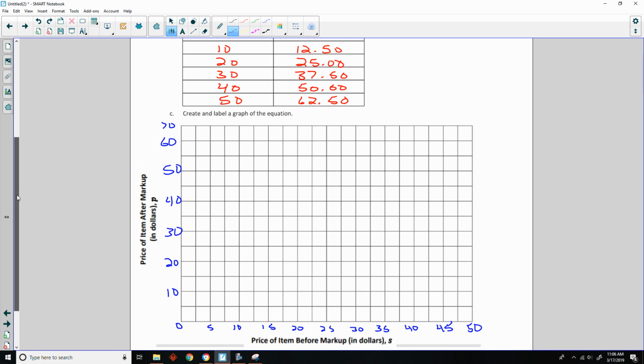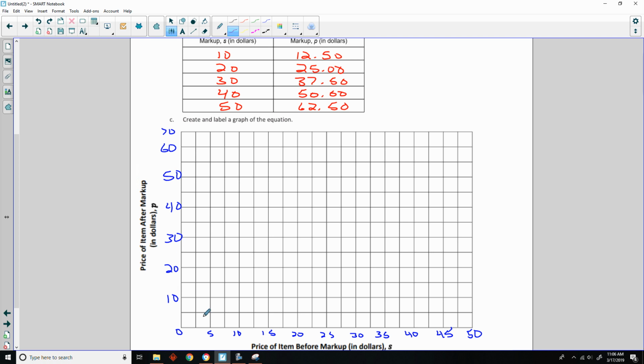Now when I graph these, I'm going to plot what I just put in my table. So when S is 10, P was 1250, which was a little more than 10. This is 15, so 1250 would be about here. 20, 25, which is right here on this grid corner. 25 is right there. 30 would be 35, 750, would be halfway there.